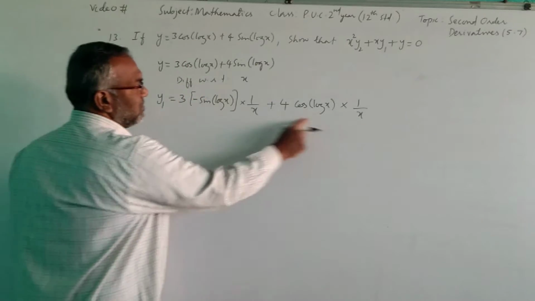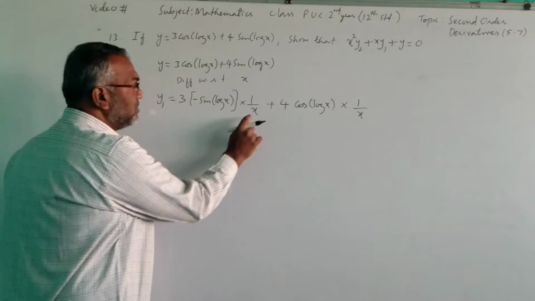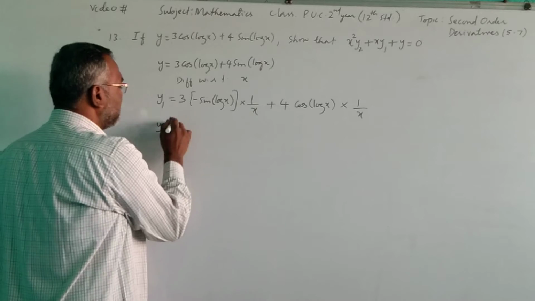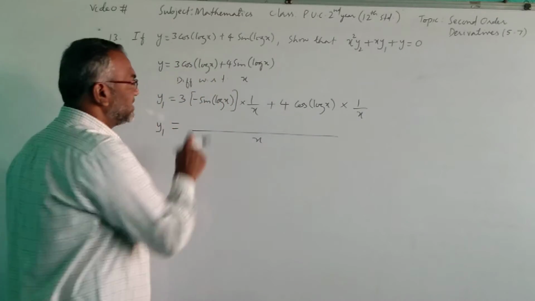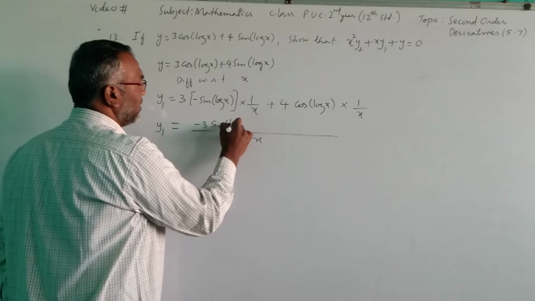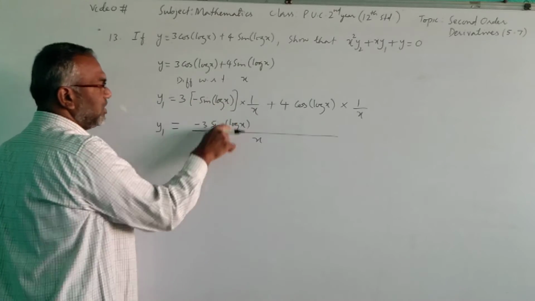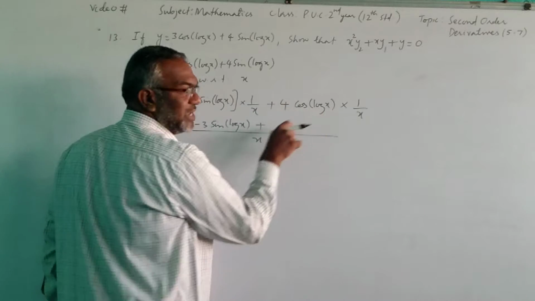Now in these two terms, this is one term plus this is another term. In these two terms, we can take x as LCM. So it becomes y1 is equal to x is LCM. If we take x LCM, here what is left? Minus 3 sin of log x is left. This minus 3 sin of log x plus here also x gets cancelled because we are taking LCM.